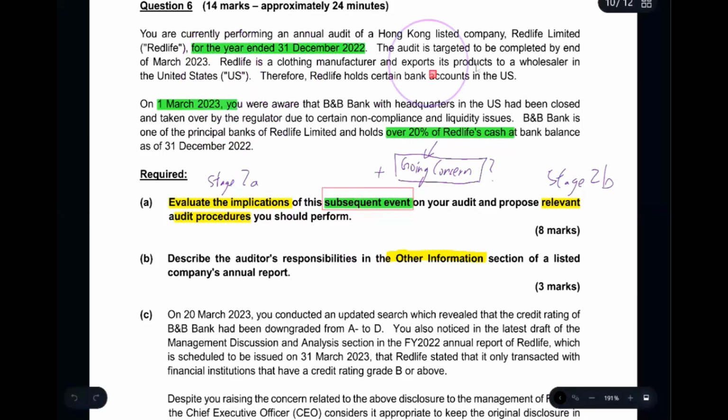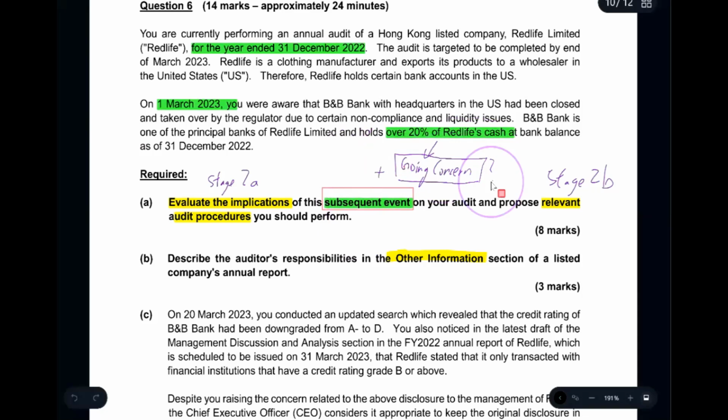So the bank goes into bankruptcy and your client has 20% of its cash in this bank. The first thing you should identify is whether there is a possible going concern problem. Identify all the topics you can in the question first. So this is a normal question for subsequent event plus going concern.